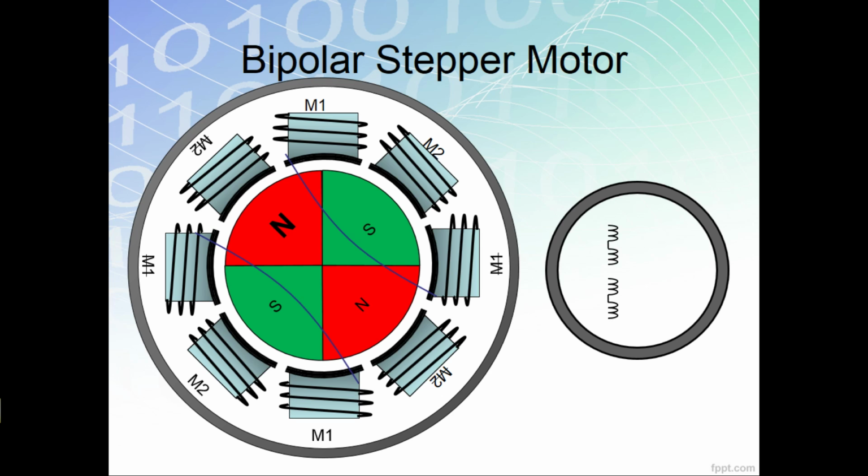Again, we also have another M1 and M1 bar, and these two coils are connected to each other to make one phase. Next, we also have M2 and M2 bar and another M2 and M2 bar. And these two coils are again connected to each other, and this makes phase 2.